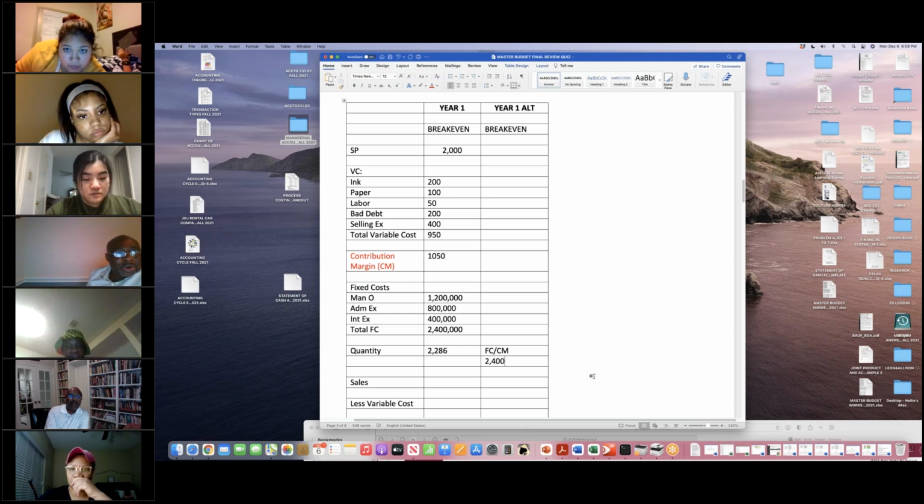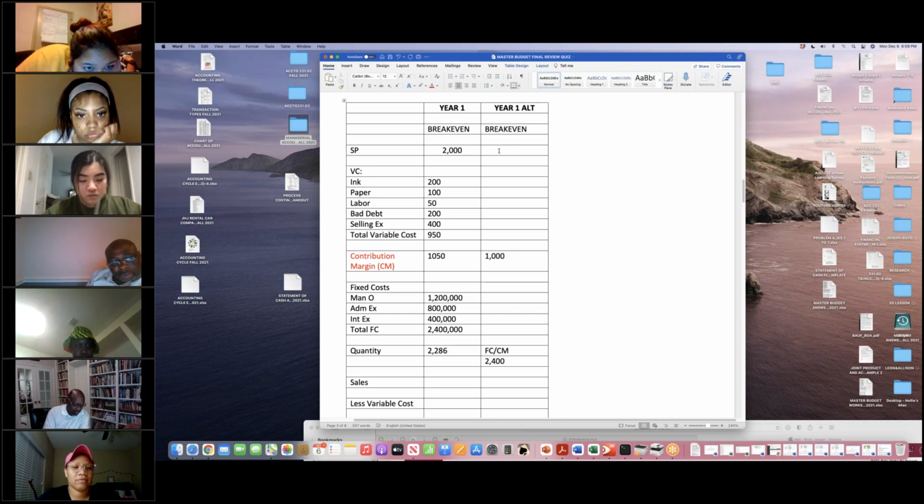The variable cost, yes. So that I could change what? Anything on the variable. The contribution margin. I changed the contribution margin to how much? 1,000.